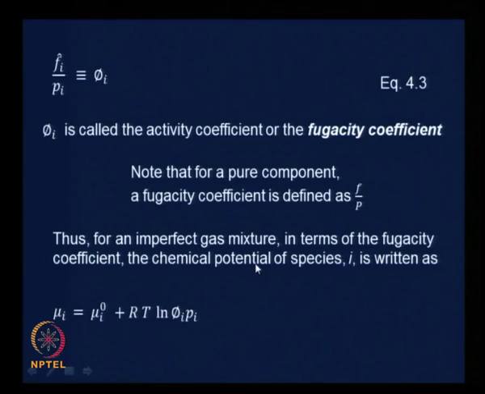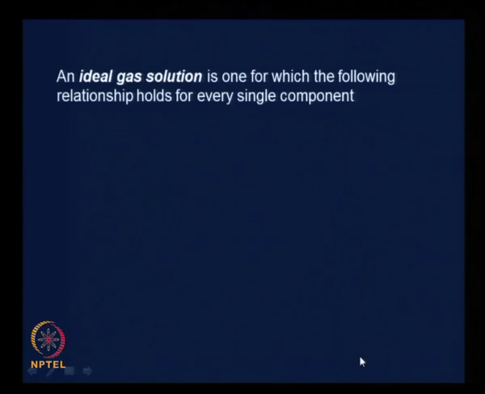Therefore, we could write mu equals mu I naught plus RT ln Phi I Pi for an imperfect gas mixture, and if we expand Pi into P yi, total pressure times the mole fraction, we get mu I naught plus RT ln Phi I P yi as the expression for mu I. And this one is what we need to focus on.